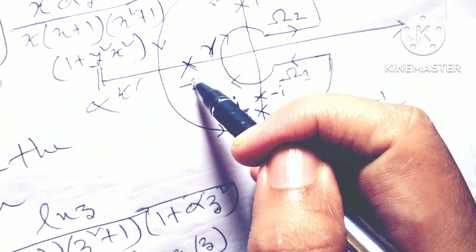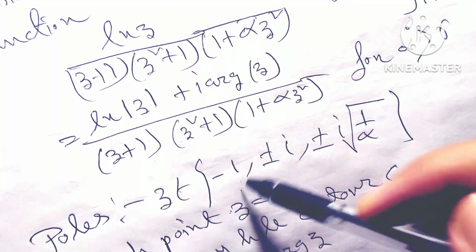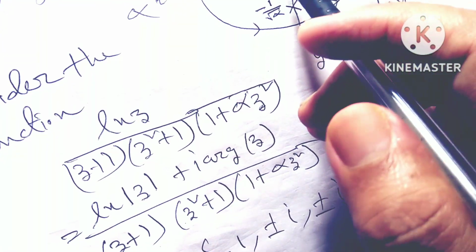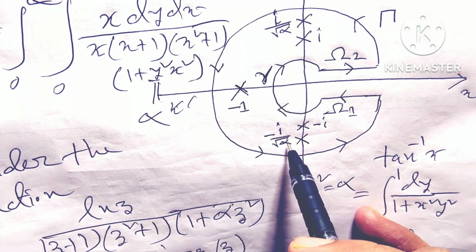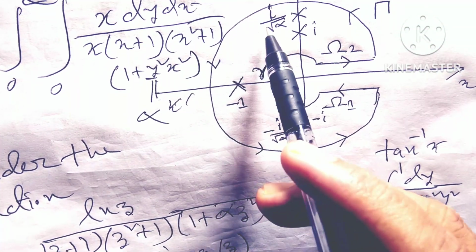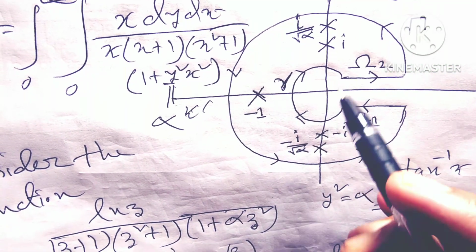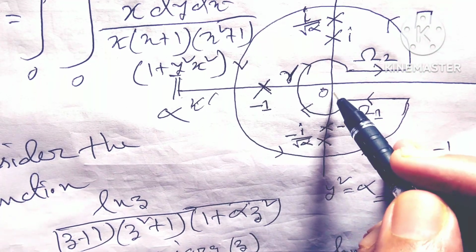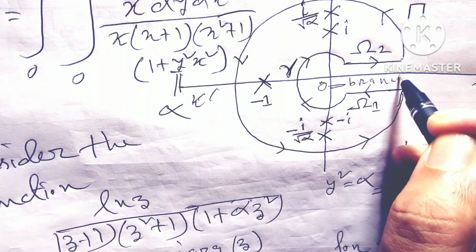The point minus 1 is my pole, and plus minus i root over alpha and plus minus i are both poles, and this is the contour. 0 is my branch point; must remember the branch point is 0.